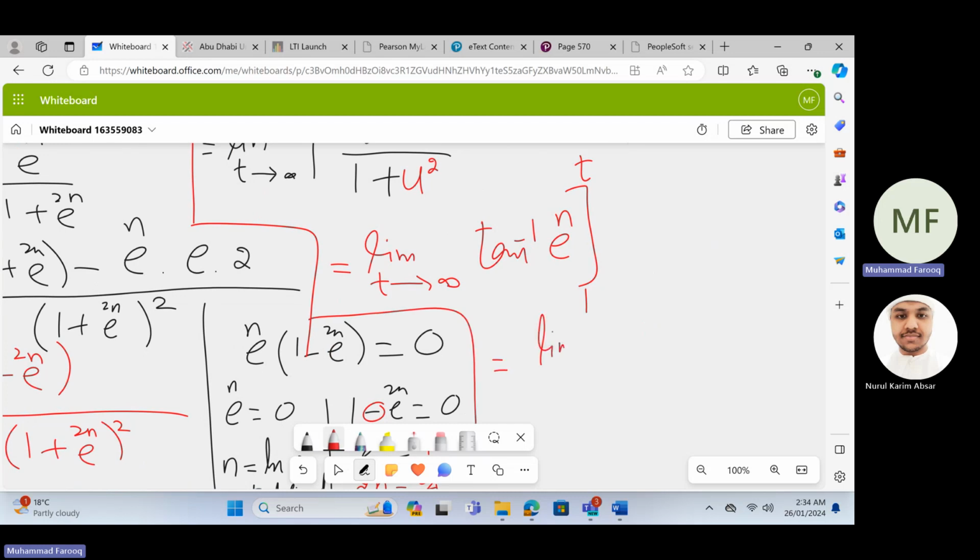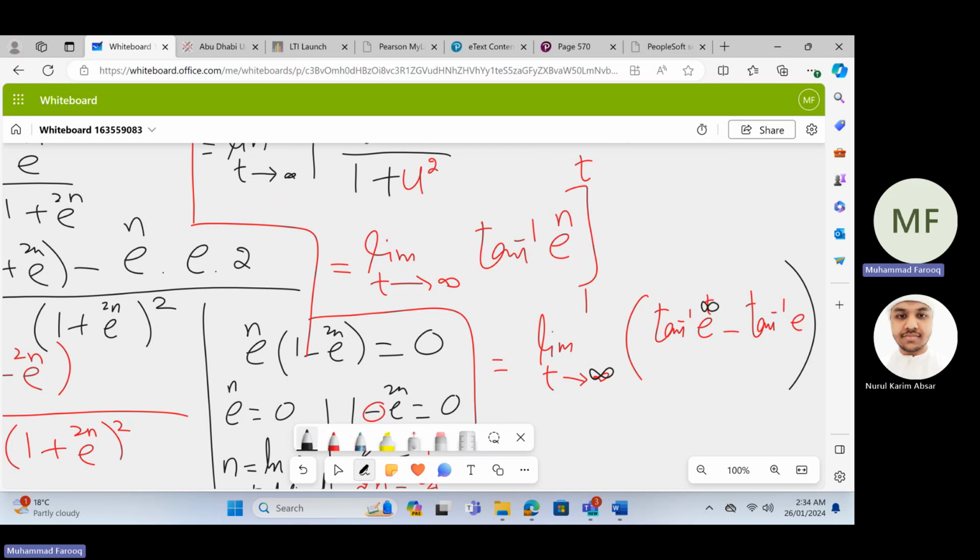So limit as t approaches infinity. Upper limit: tangent inverse of e^t, minus tangent inverse of e to the power 1, which is e. Now this t becomes infinity.